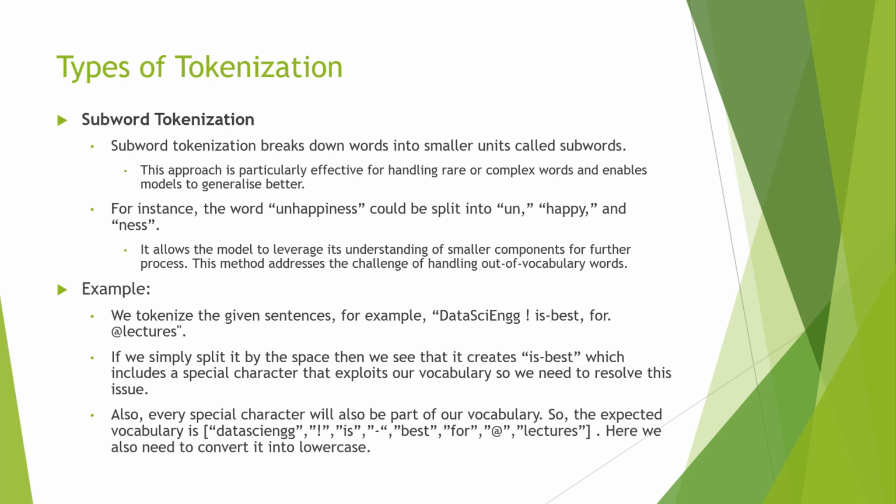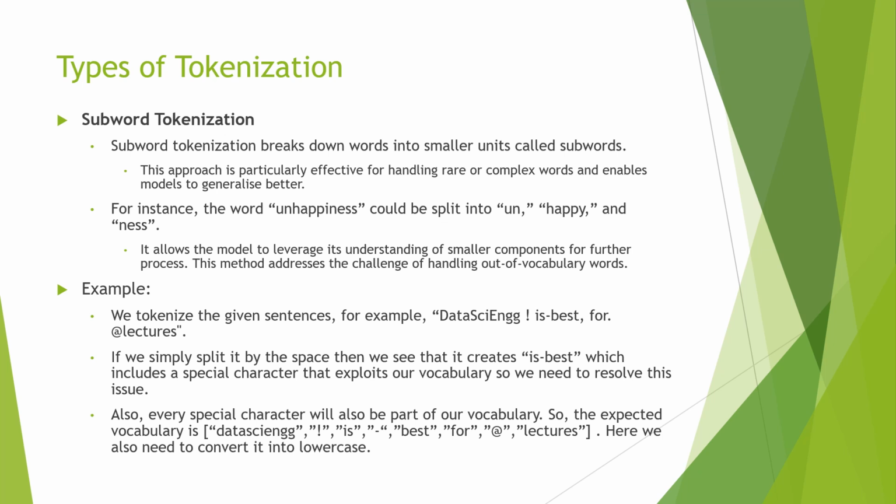Now we'll discuss subword tokenization. In some cases we have complex sentences with special characters or combined words, which makes natural language processing difficult. To handle that challenge, we generate tokens called subwords, which divide complex or combined words into separate words.